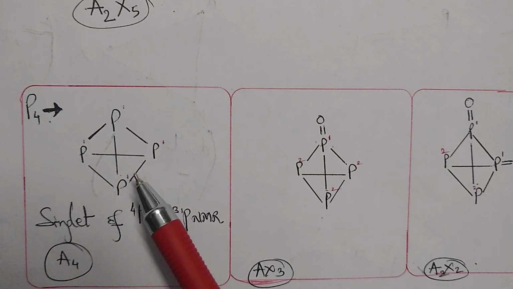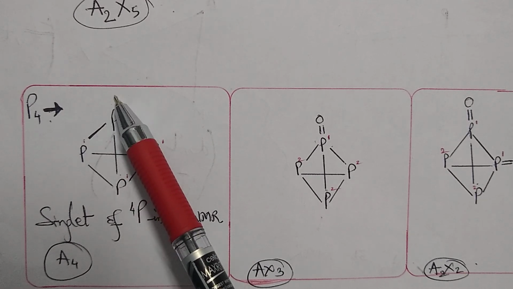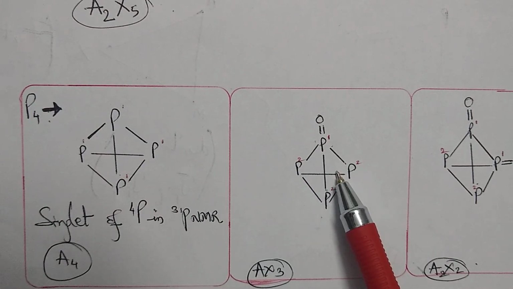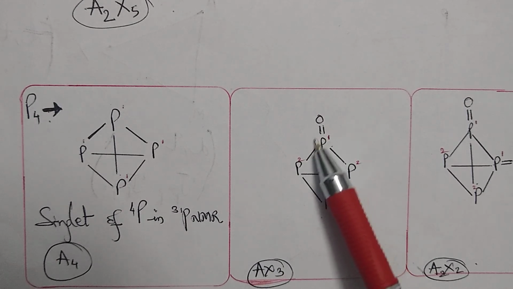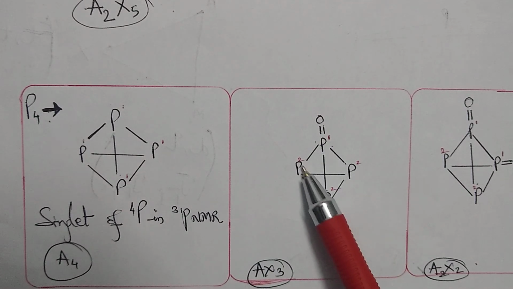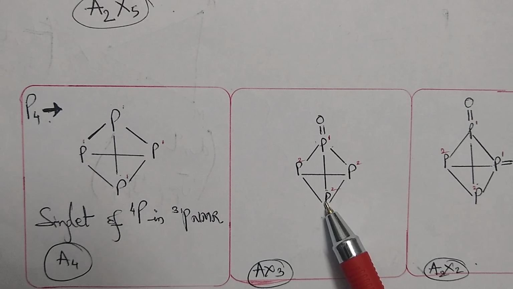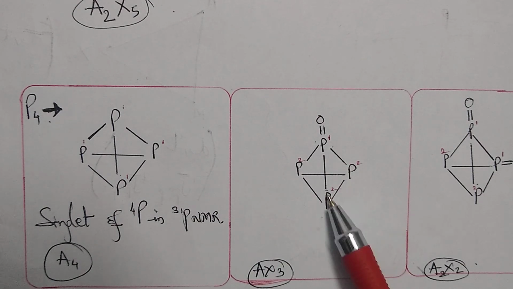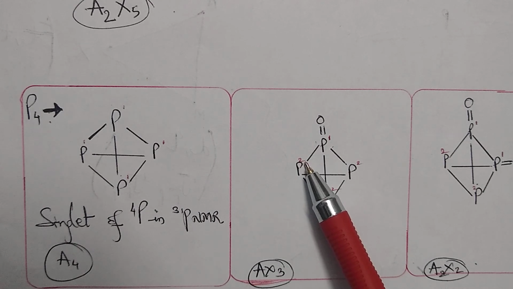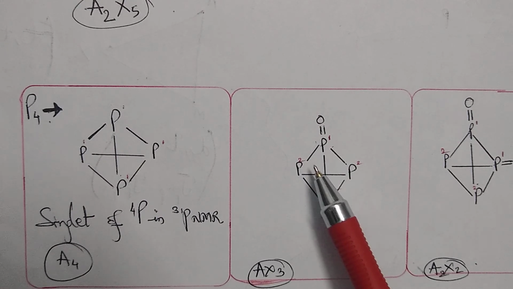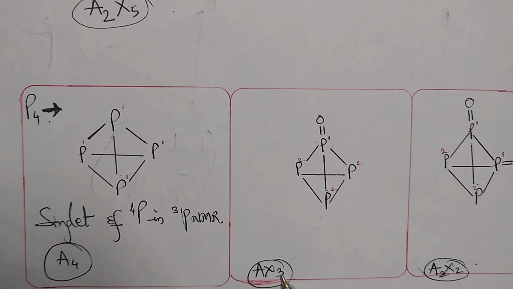Now if we add one oxygen to this phosphorus, it will look like this over here. For this phosphorus, the environment is now different from that of these 3 phosphorus. So we will get 2 kinds of phosphorus signals in the 31P NMR, and for this we will have the Pople notation AX3.